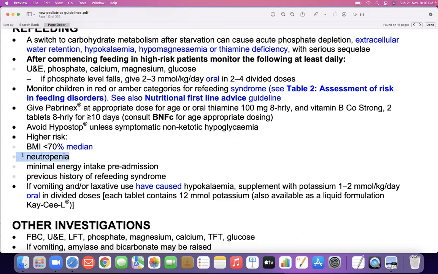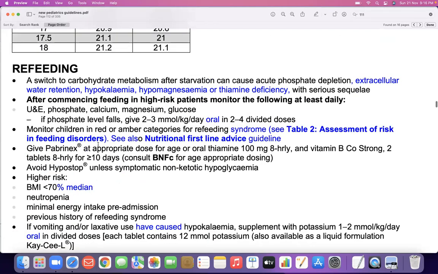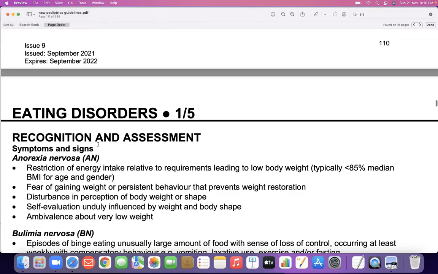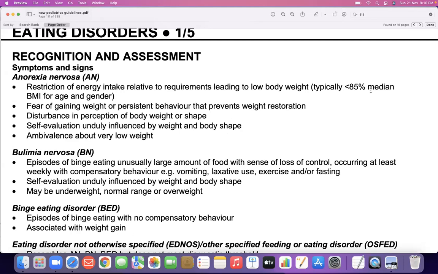And if they have neutropenia and BMI less than 70% of the median. I told you in the definition, I think it was 80%. I will recheck whether I told correct or wrong. Typically less than 85% of the median BMI for age and gender. This is the definition of anorexia nervosa: restriction of energy intake relative to requirements leading to low body weight.